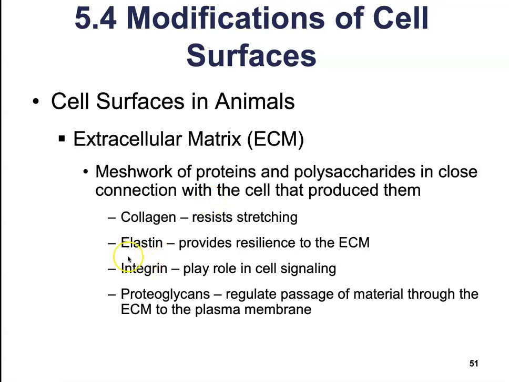Things like collagen, elastin, and integrin are all types of proteins that exist in the extracellular matrix. If you think about connective tissues, things like bone, tendons, and cartilage, they have these types of proteins in a super strong, structured extracellular matrix that the living cells sit in.